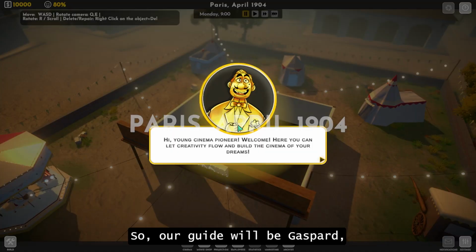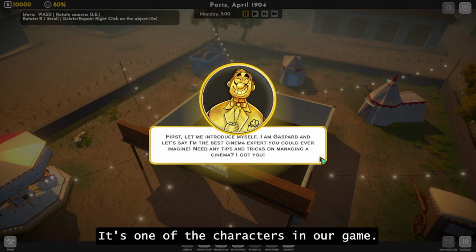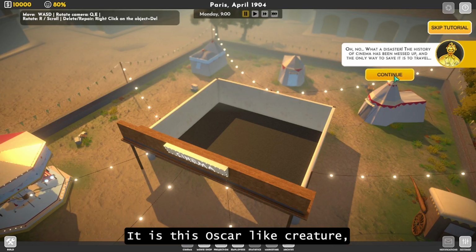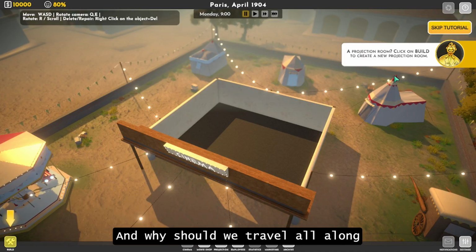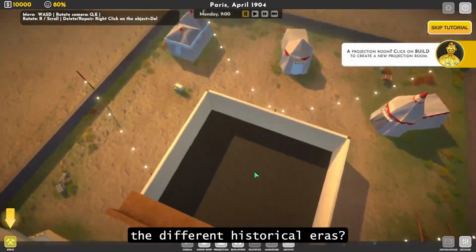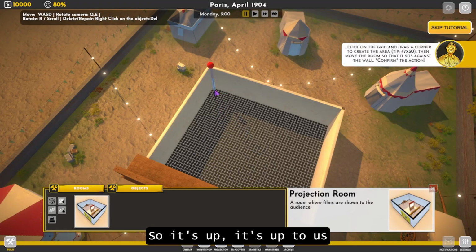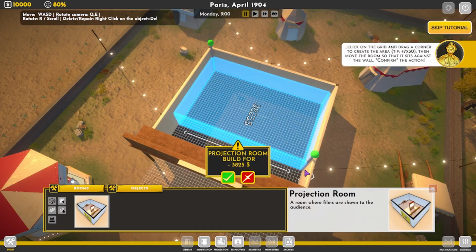So our guide will be Gaspard, who is our mascot. It's one of the characters of our game. It is this Oscar-like creature who embodies the power and the magic of cinema. And why should we travel all along the different historical eras? Because something in cinema history got messed up. So it's up to us to go and fix this mess.